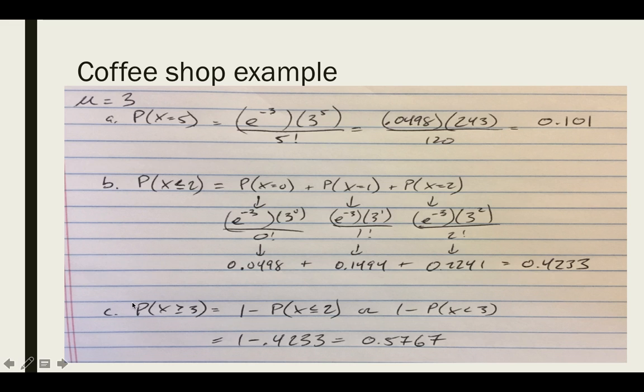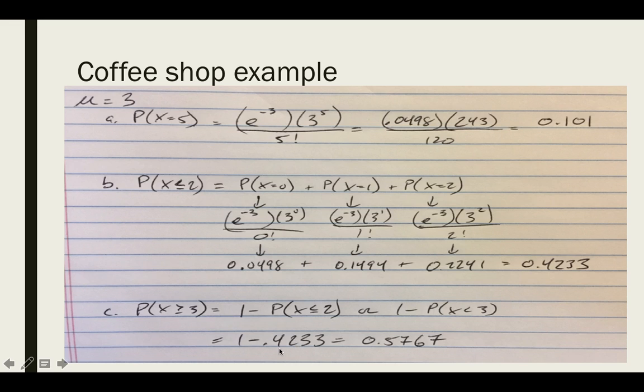So the probability that they arrive at the coffee shop 3 times or more is equal to 1 minus the probability that they arrive fewer than 3 times, or what we calculated in the previous example, because it's a discrete variable. So the probability that they arrive 3 or more times is 1 minus the probability that they only arrive twice or once or no times at all.